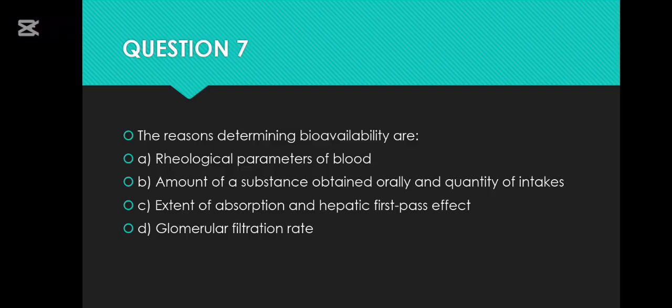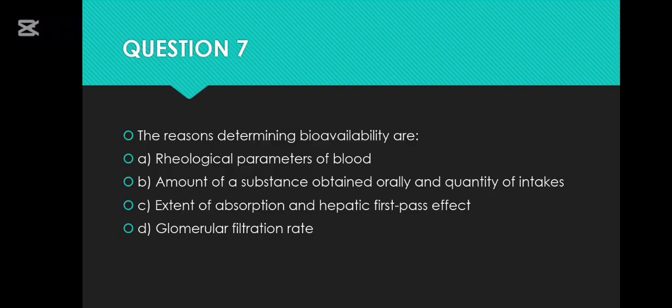So basically the absorption of a drug and the first pass metabolism, these are determinants of bioavailability. So far C stands out to be the best answer at this instant. Am I going with C? No, because I'm not done reading through the options, so I need to go to D.